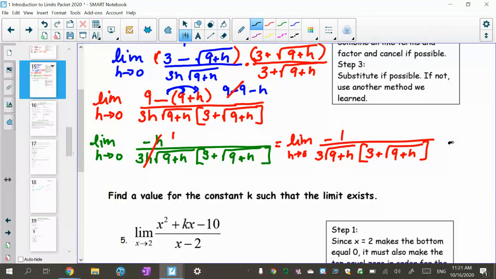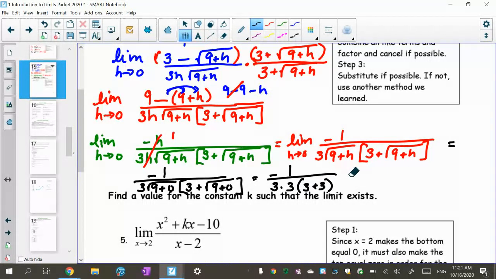So this is going to equal negative 1 over 3 times radical 9 plus 0 times 3 plus radical 9 plus 0, and that is negative 1 over 3 times 3, because that's the square root of 9, times 3 plus 3, or negative 1 over 9 times 6, or negative 1 over 54. So that one kind of had both of those.